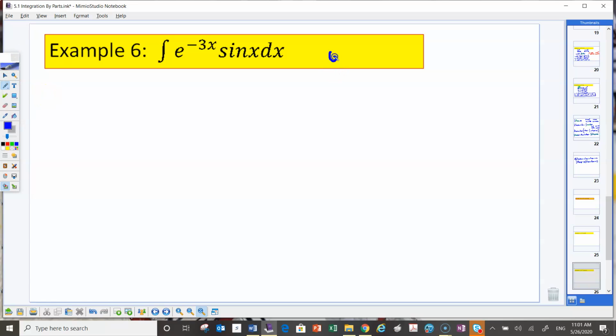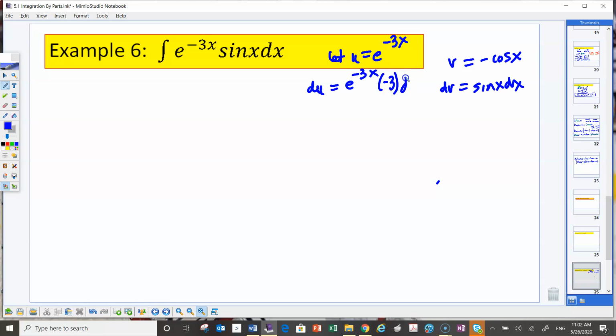To begin with, I'm going to let u equal e to the negative 3x, and dv is going to be sine x dx. The integral of sine is negative cos, and the derivative of u is e to the negative 3x times negative 3 dx.